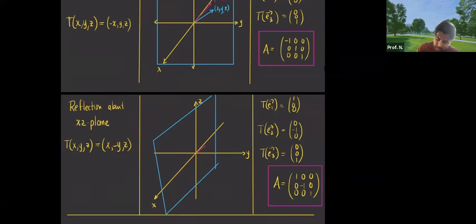So if I have this vector here, X, Y, Z, and I reflect it through the plane, I should get something on the other side, right? That's just a reflection. Obviously, whatever y coordinate this had, it would have to be the negative of that y coordinate. So this would be x, negative y, z.